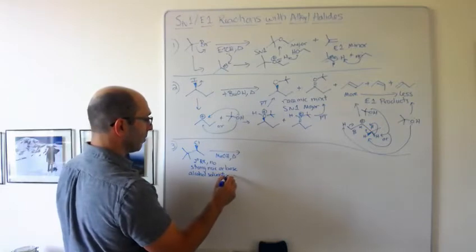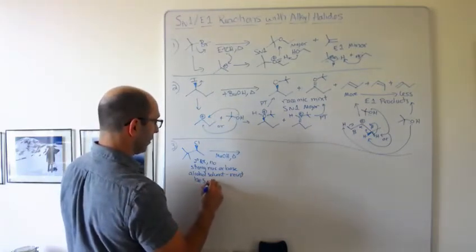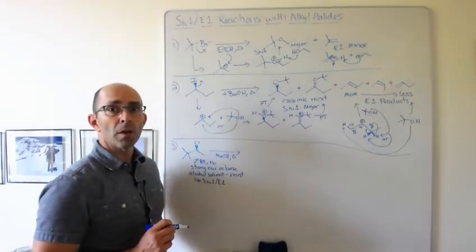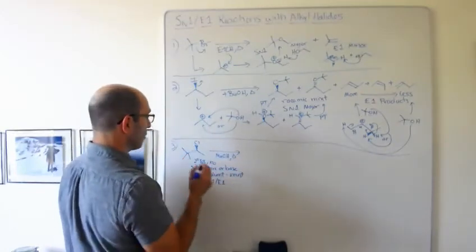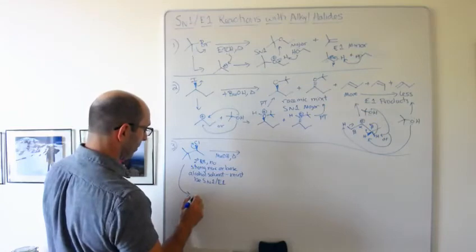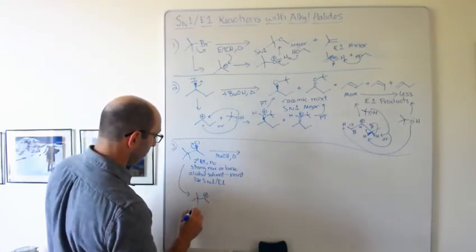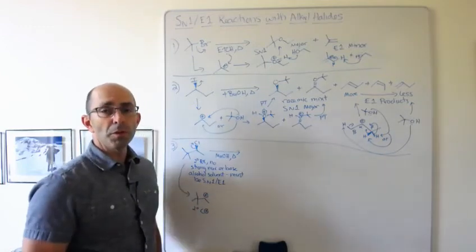That tells us this must be SN1 E1. Okay, so let's go ahead and do the mechanism for that. Again, let's resist drawing out the products. So we're going to ionize. We form a secondary carbocation.